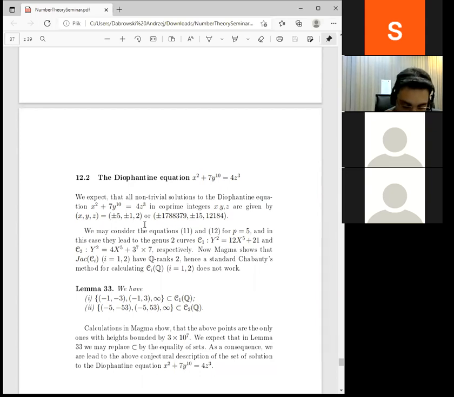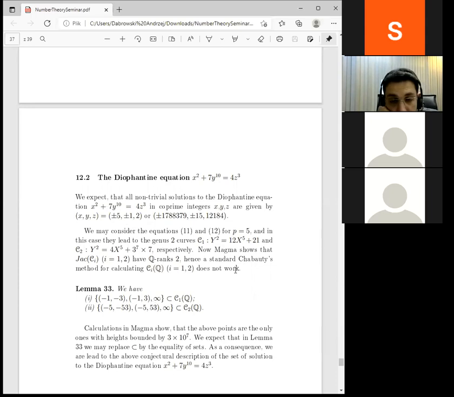In the case of exponent 5, here we expect there are exactly 8 non-trivial solutions. The first 4 are the same, but here are 4 additional solutions, and these additional solutions will come from the rational points on the second genus 2 curves. So here again we are reduced to consider 2 genus 2 curves.